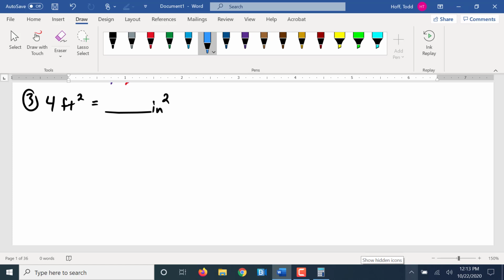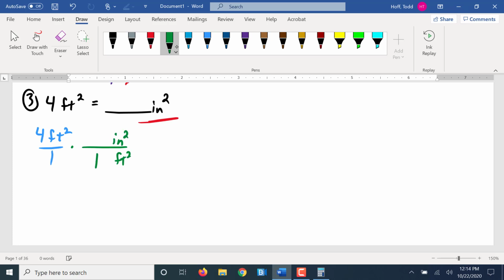For our third question, we have 4 square feet going into square inches. So I put 4 square feet over 1. Now we have to be careful here when we convert. I'm going to put square feet on bottom so they cancel out. So we have square inches on top.